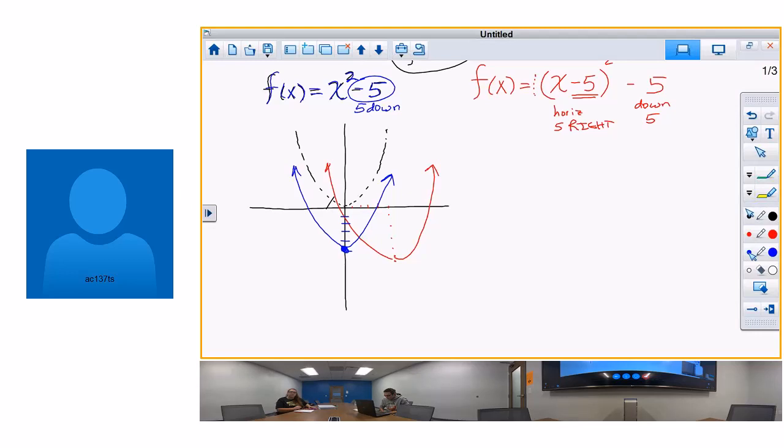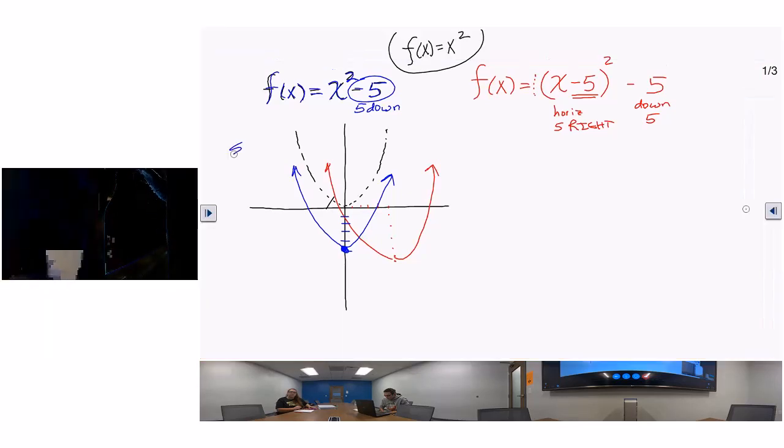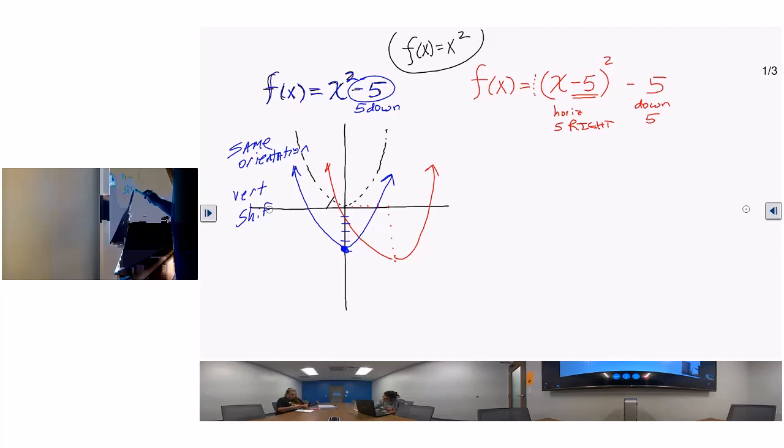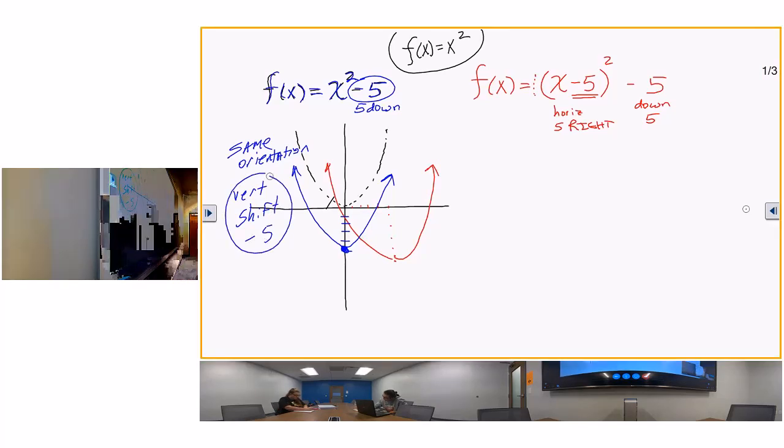They're the same. Same orientation. But what's the only difference? The vertical shift. So you would type in a vertical shift of negative what? That's what you would type in on the graph, and we'll show you that in just a minute.